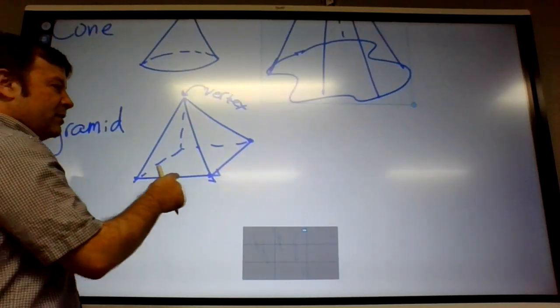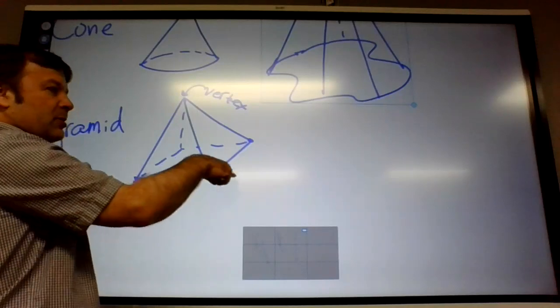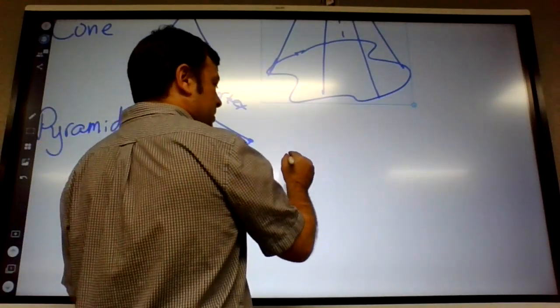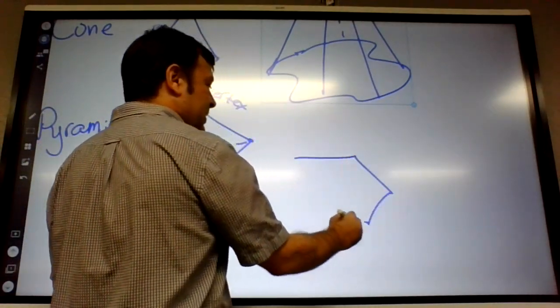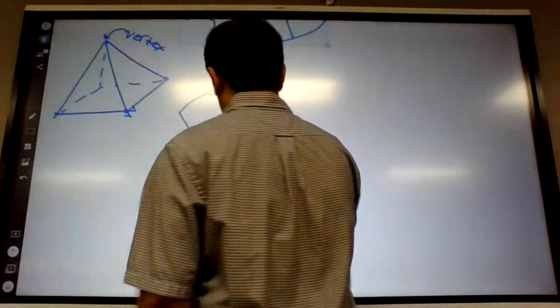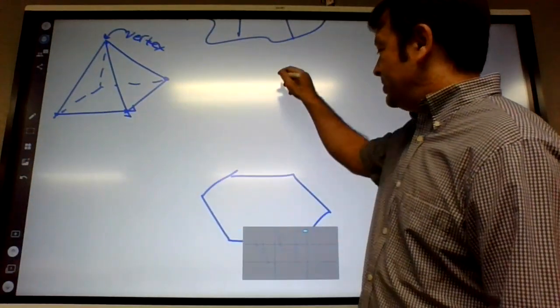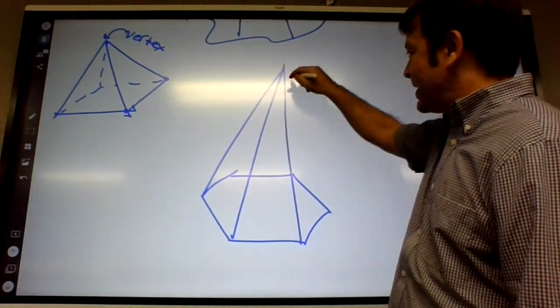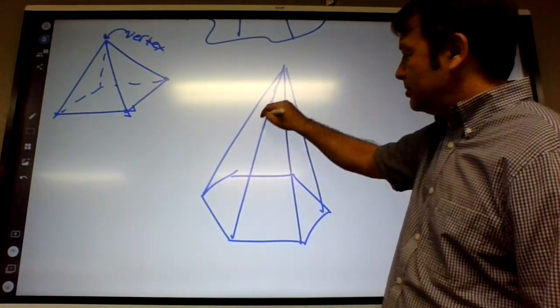Okay, you could have other pyramids besides this. This is normally what we see in Egypt, the square pyramids. But the base on your pyramid could be anything. So this one would be called a hexagonal pyramid.